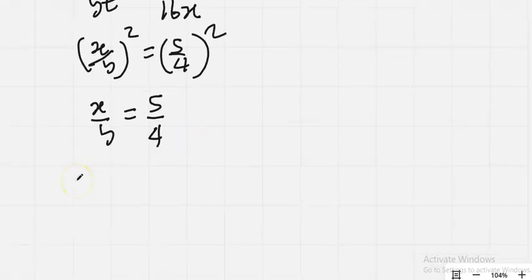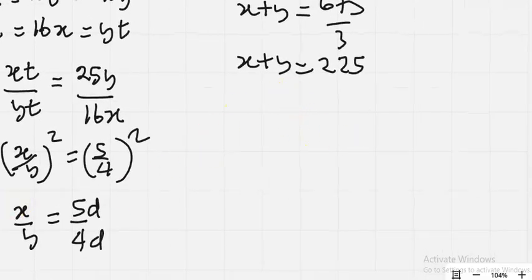We can create a term for x and y based on what we have here. This could be 5d for x and 4d for y. We now plug those values in the equation. It gives us 5d plus 4d equals 225.